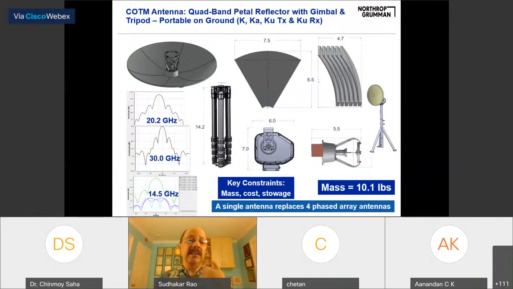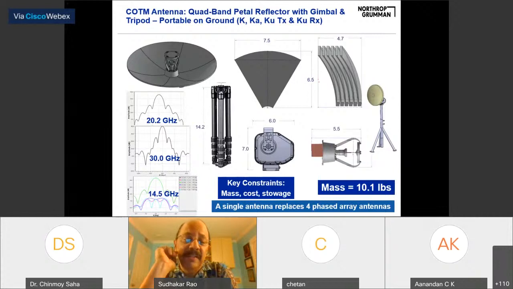So this is one application, COTM, communication on the move. It's for ground application, where a soldier is in the battlefield and he wants to communicate with the satellite in one frequency band, with aircraft in another frequency band, and with other local soldiers and headquarters in another frequency band.